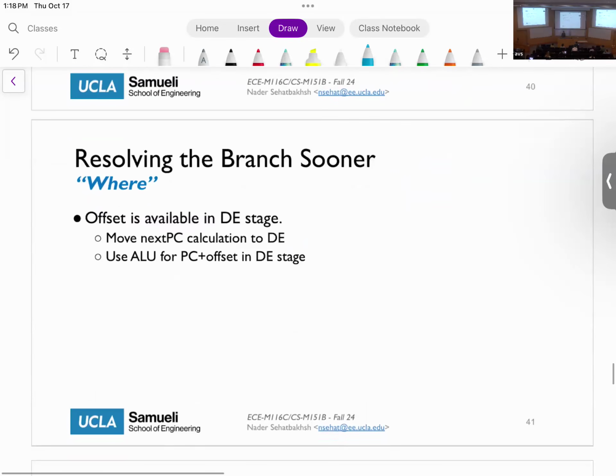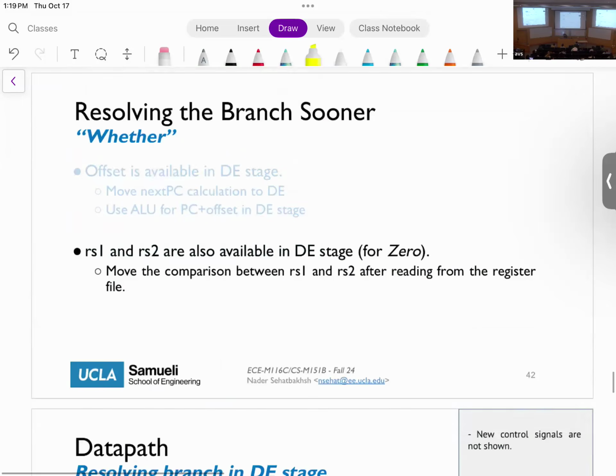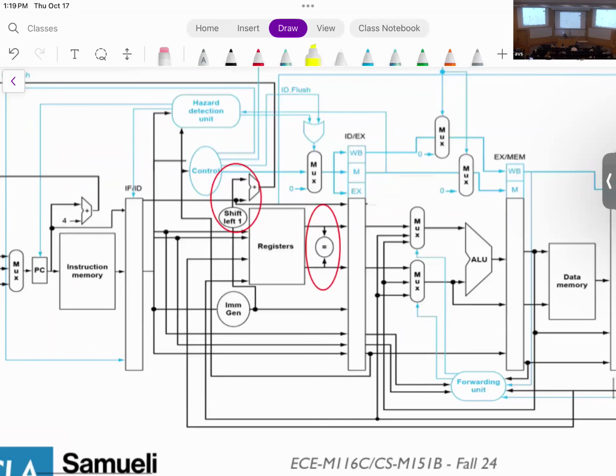Okay. So here's what I'm going to do. I'm going to make changes in my pipeline design, where the next PC calculation can be moved to the decode stage. If you remember, in my original design, I was using PC plus offset as a specific adder that takes the PC, takes the offset, and adds them together. What I need to do now is move that adder to here.